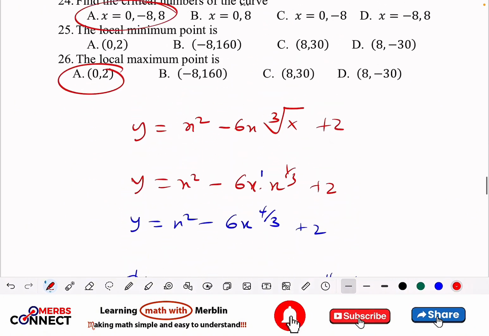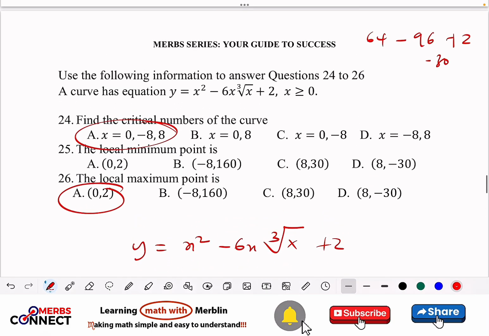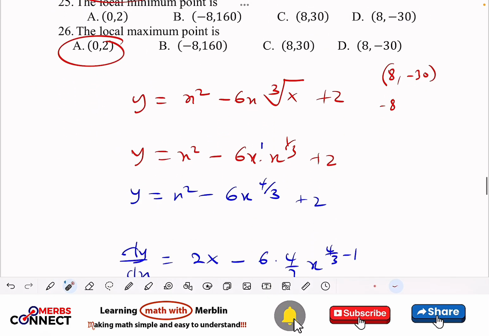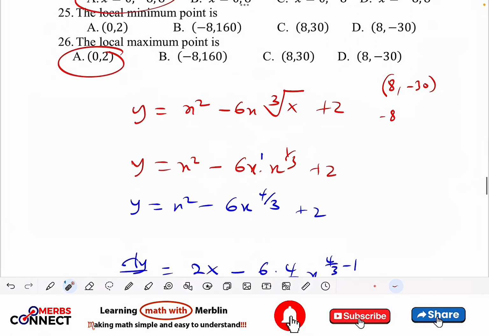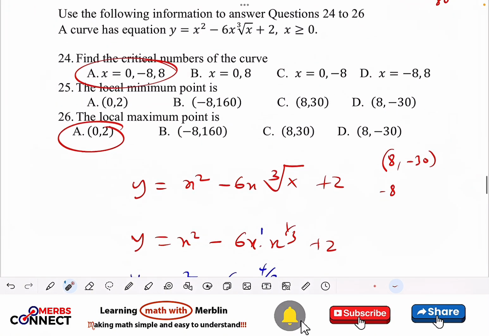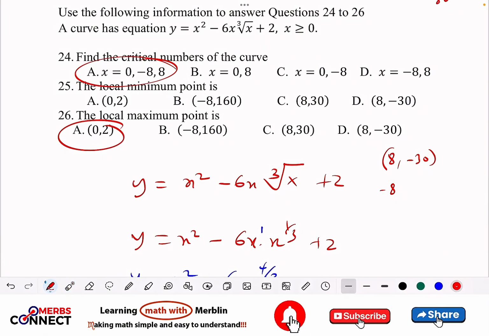So for positive 8, we are going to have 8 and minus 30. Then for minus 8, when I do it, this one becomes positive because this is cubic. Oh, no, it still becomes positive because of the 4 here. So the same thing for this one as well.